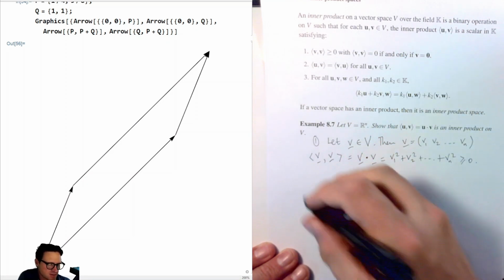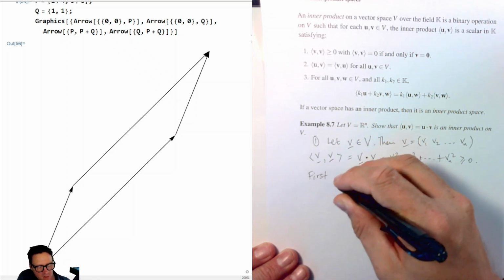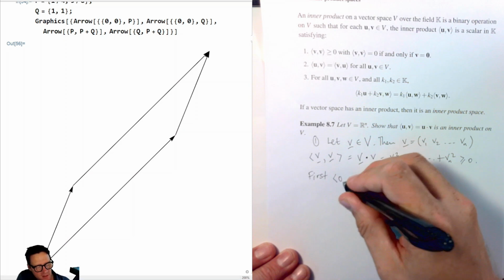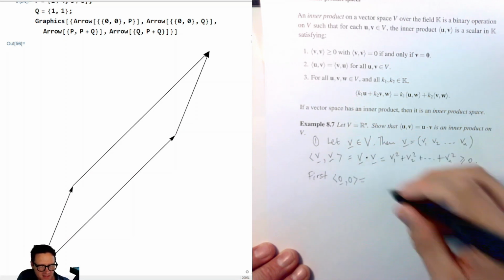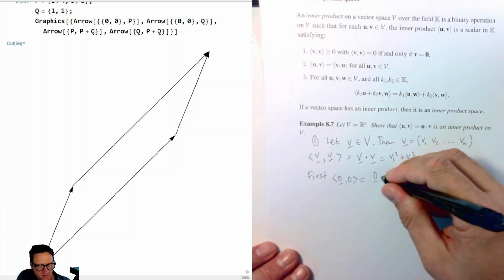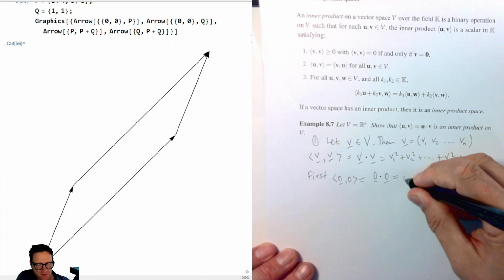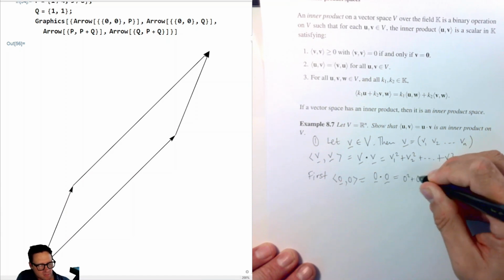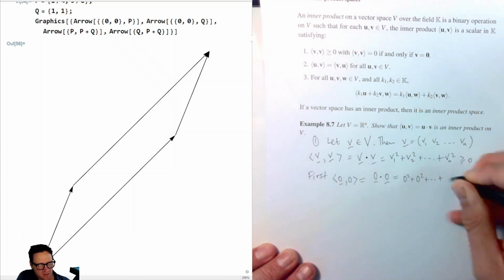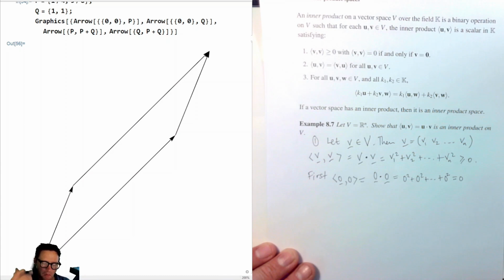So first, take the inner product of 0 with itself. What is this? 0 vector dot 0 vector, which is the sum of a bunch of zeros. So 0 times 0, etc. n squares of 0, which is equal to 0.